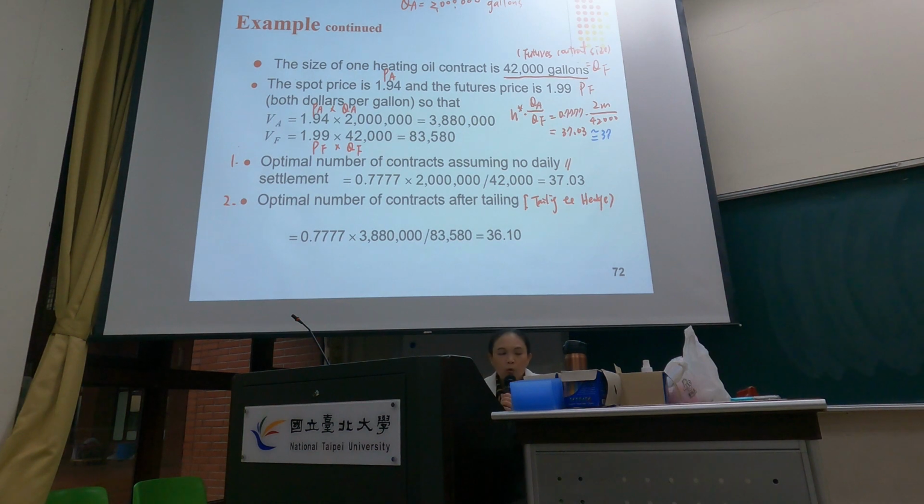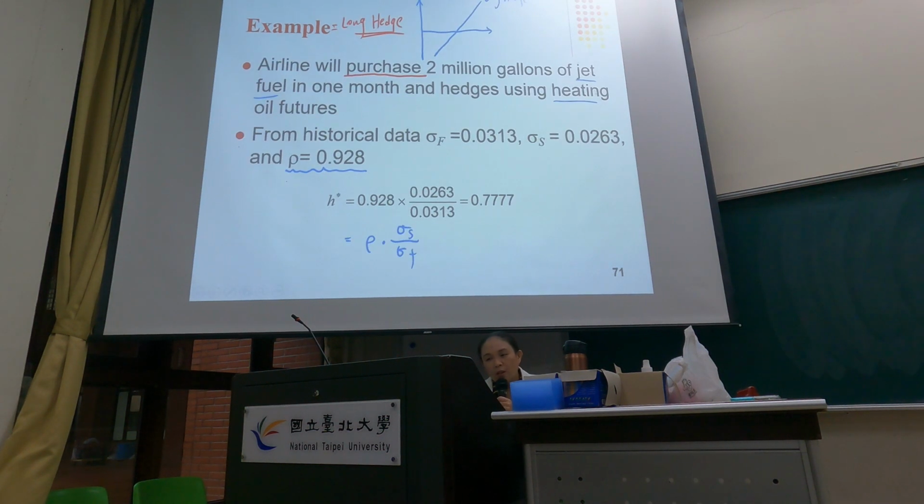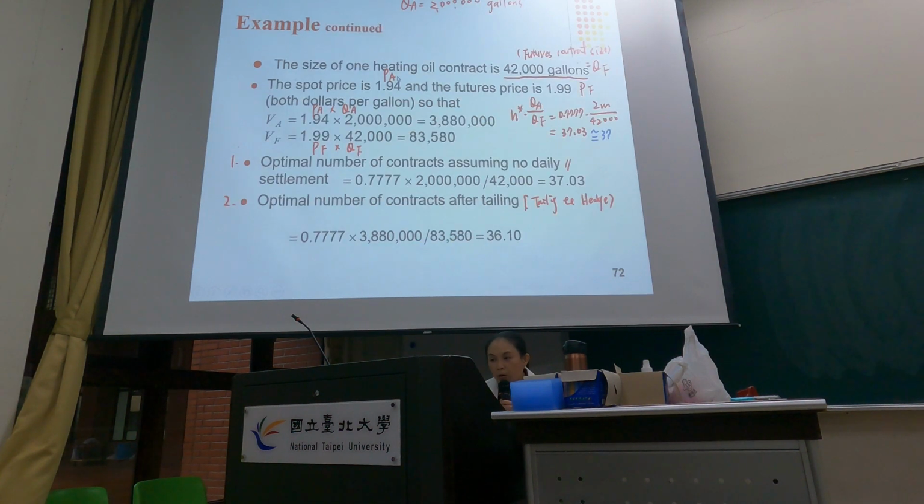Question, long or short? You long or you short, Laura? I'll give you a hint. You purchase, so long or short? Long, very good. Remember this by heart. If you purchase, you are long. Long hedge.